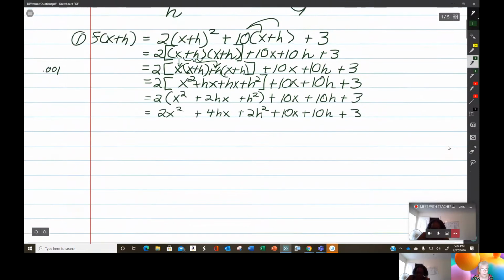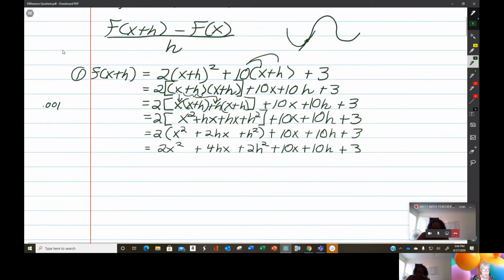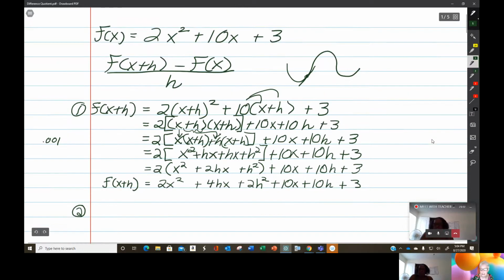Now, what we have to do next is, now that we know that this is f of x plus h, we're going to find the numerator of this fraction, which is f of x plus h minus f of x. Because we already know what f of x is, we don't need to find that again.